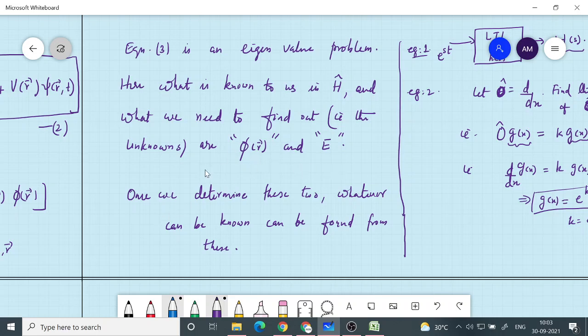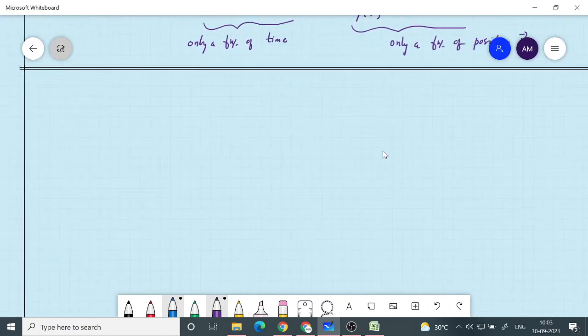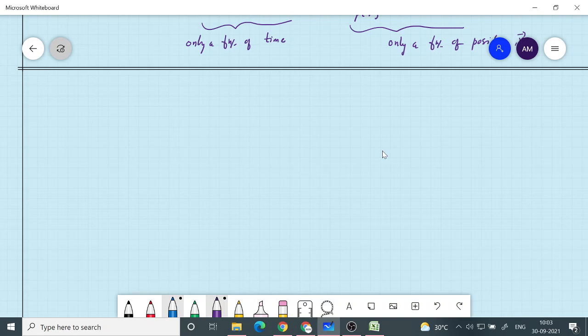So for example, after solving, if you get E, then I can immediately write what is my total wave function, psi of r, which is now found out. Suppose after solving the eigenvalue problem, I found out phi of r, and then I know that it has to be multiplied with e raised to minus jE, E is also known to me, into this.